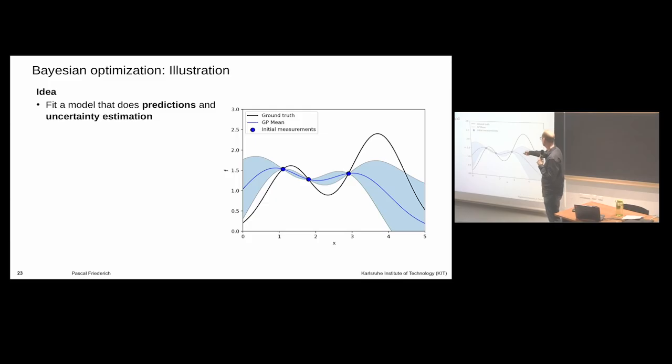And then you just go to the maximum, which would be maybe here, and then measure your next experiment there. That's the opposite of exploring, that's exploiting. You're exploiting what you have seen so far, and then just fitting the best fitting line and going to the maximum of that. This is if you have a very, very small experimental budget. I don't know, you can do 2 or 3 more experiments, then this would be a good strategy.